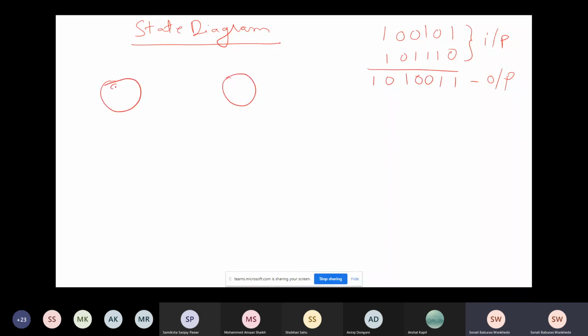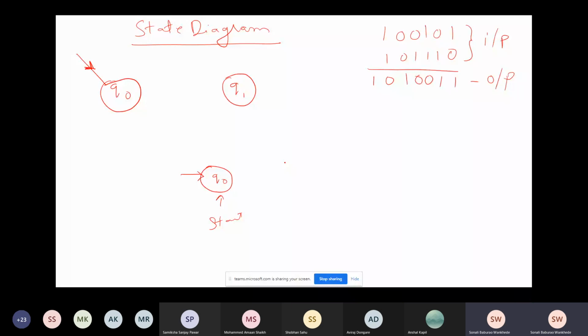My initial state is Q naught and my final state is Q1. One more thing: Q naught is your initial state, so you always show that by an arrow like this. Always remember that your initial state always begins with an arrow like this. It indicates that this is a start state or an initial state.